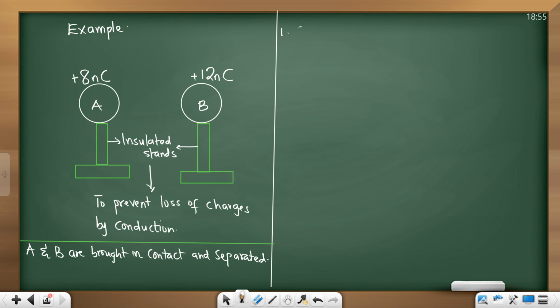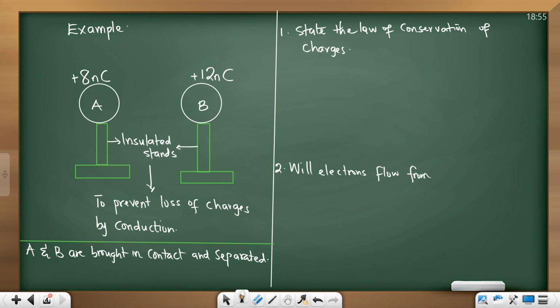Number one, state the law of conservation of charges, if you remember. Number two, will electrons flow from A to B or B to A? I want us to answer these two questions.